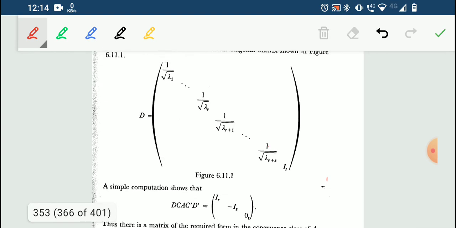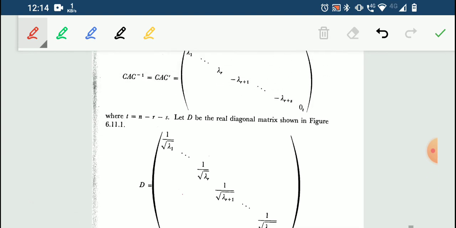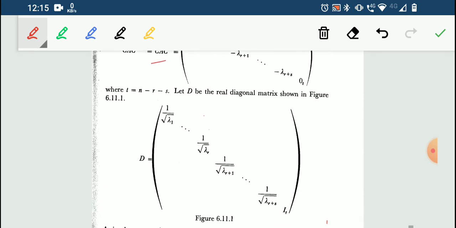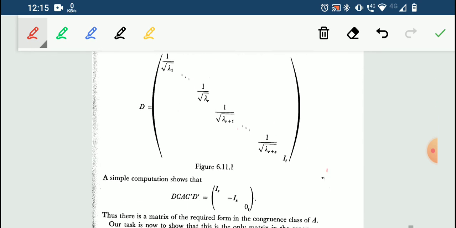Now for this matrix we know this is CAC dash, where C and C dash are orthogonal matrices. So if CAC dash is like that, I'll multiply D from the left hand side and D dash from the right hand side.